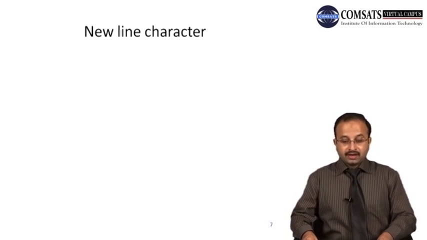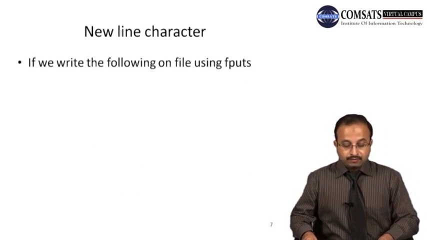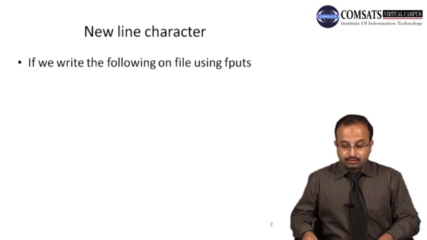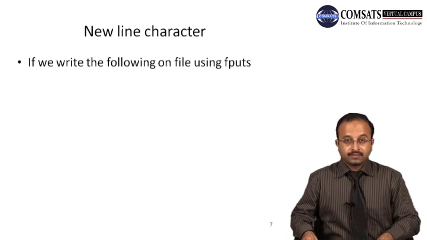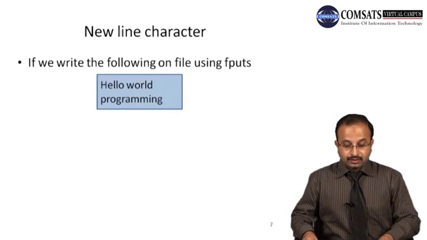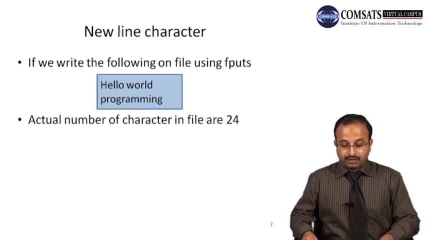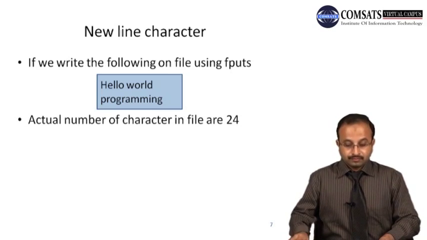Okay, new line character. If you write the following on the file using fputs, like hello world and let's say programming, actual number of characters in the file are 24, isn't it?